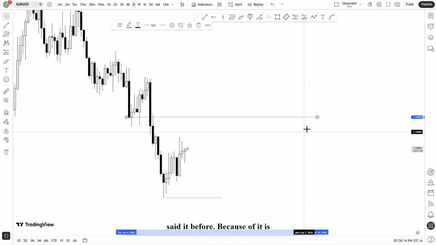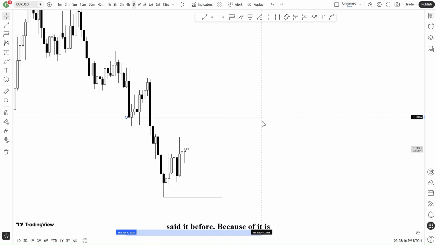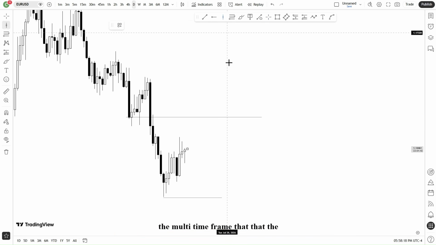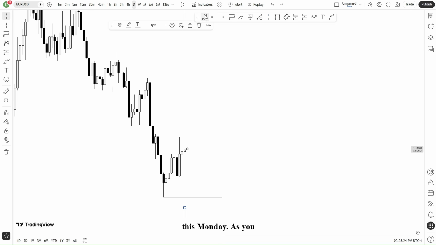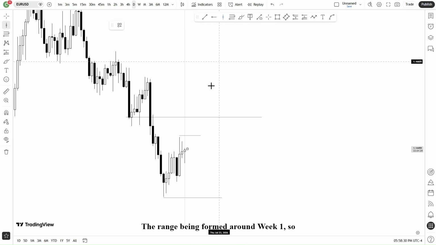I think I've said it before because it is the monthly time frame, the monthly range that I'm anticipating. So marking out the opening price, which is this Monday. I still want to see a range being formed around week one.